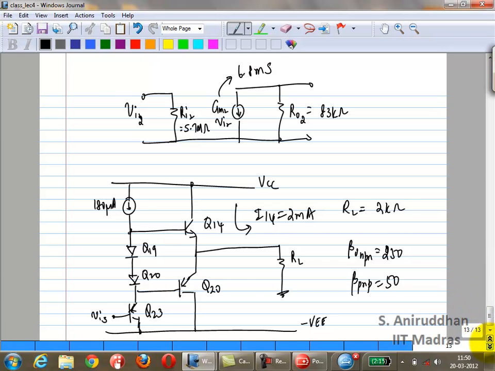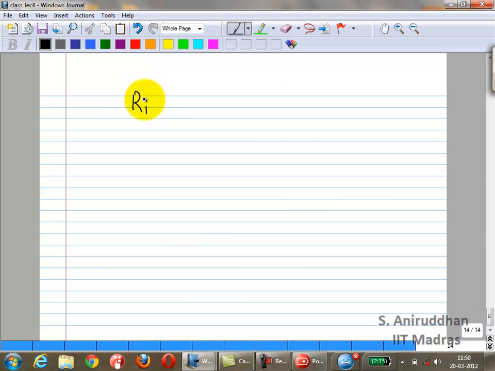So these are the numbers you should be getting. Let me just give them to you. Why don't you cross check them? These are the numbers you should be getting. I want you to cross check them.